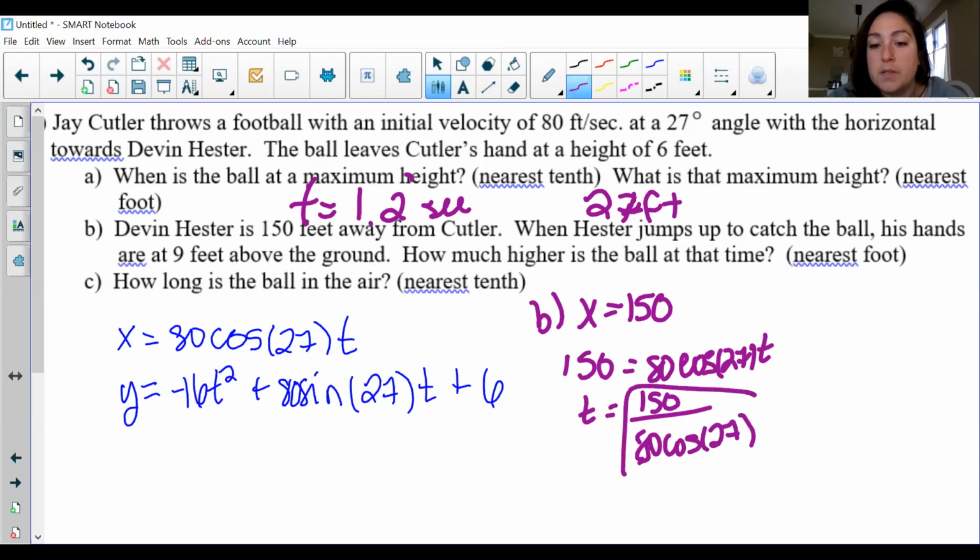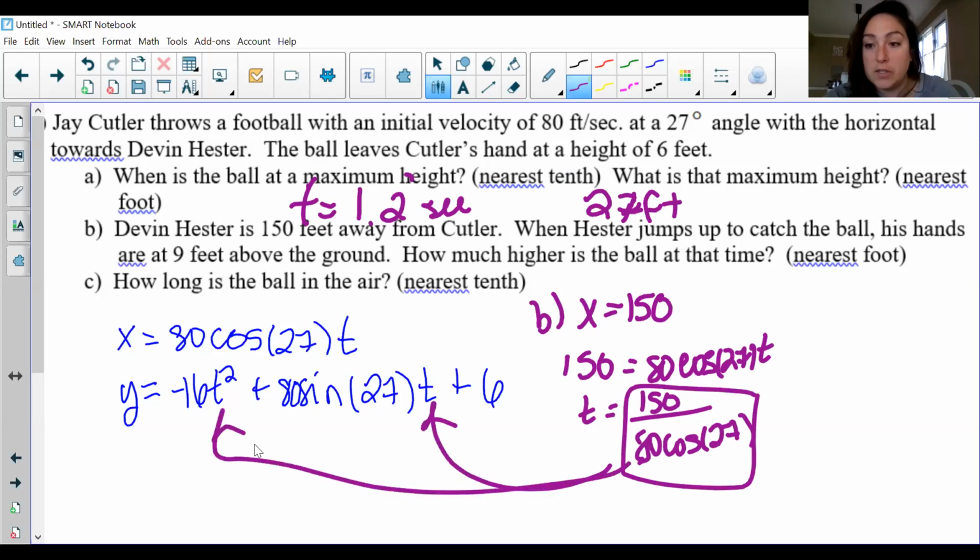So I can substitute this in here and actually solve for y. So negative 16 times, and then I'm going to type this in, 150 divided by cosine of 27 squared plus 80 sine of 27 times 150 divided by 80 cosine 27.